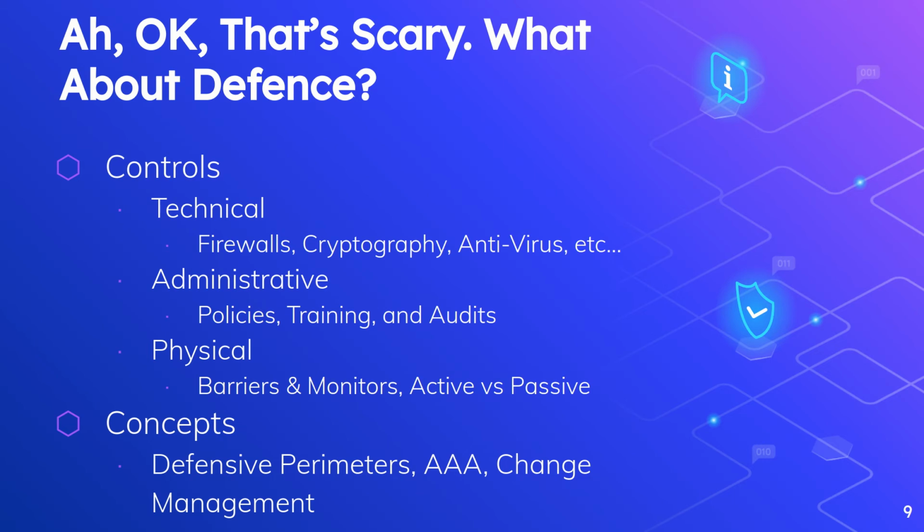So another important concept is AAA, which is you want to authenticate, you want to authorize, and you want to audit or account, right? So in other words, all traffic, all interactions, all file access, you want to authenticate.